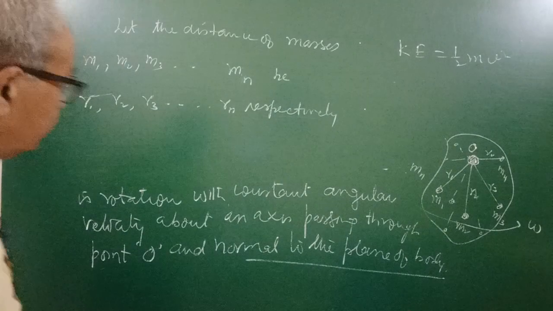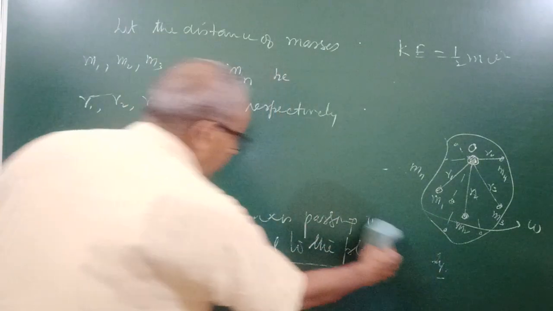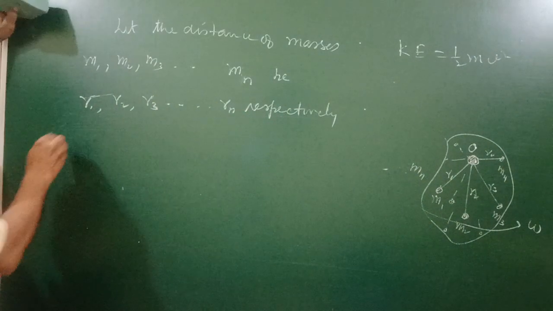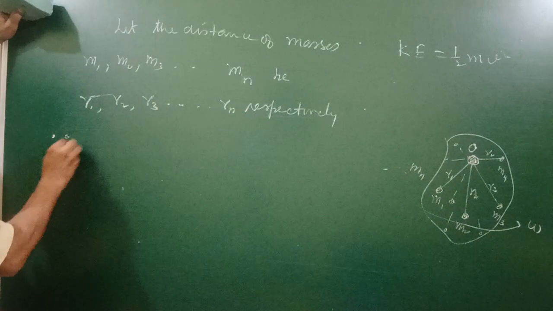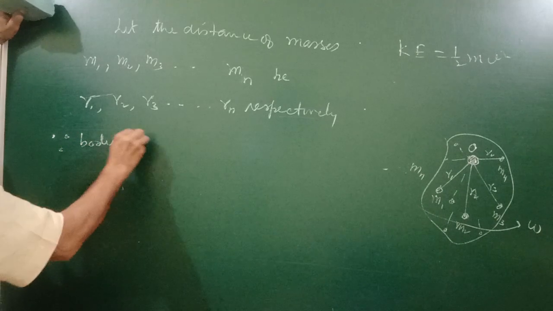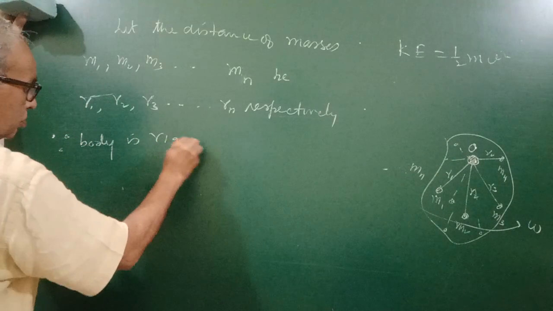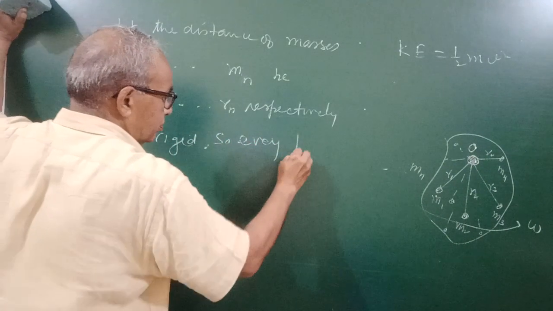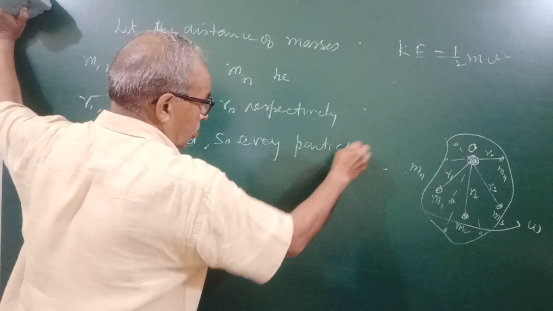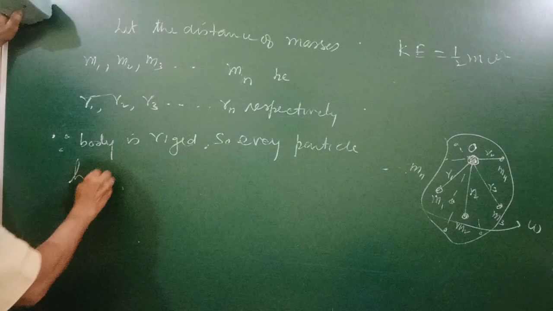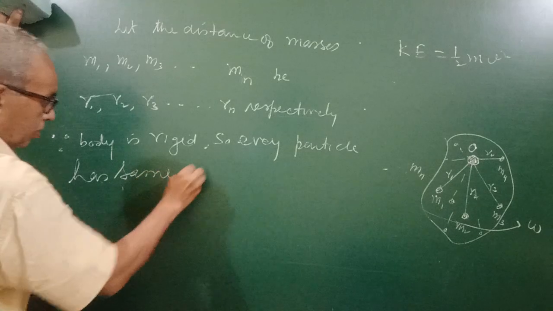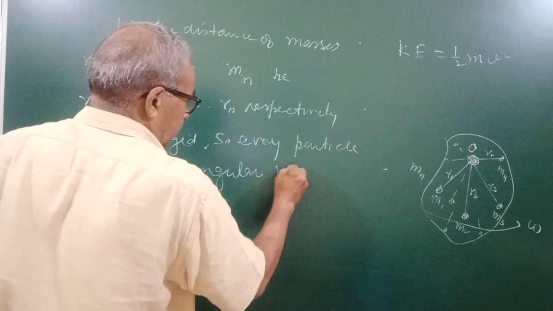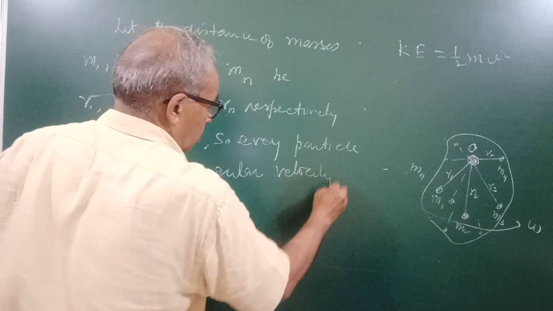Since the body is rigid, every particle has the same angular velocity omega.